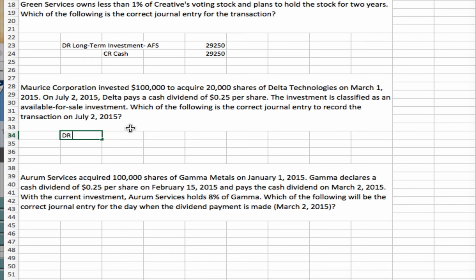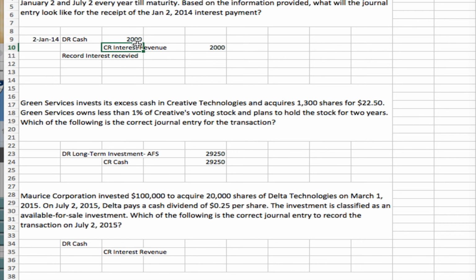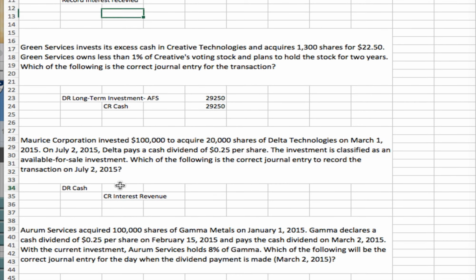So we're going to have a debit to cash and a credit to interest revenue. It's going to look a lot like the one up here that we talked about. Or I'm sorry, it shouldn't be interest revenue. It should be dividend revenue. Silly me.